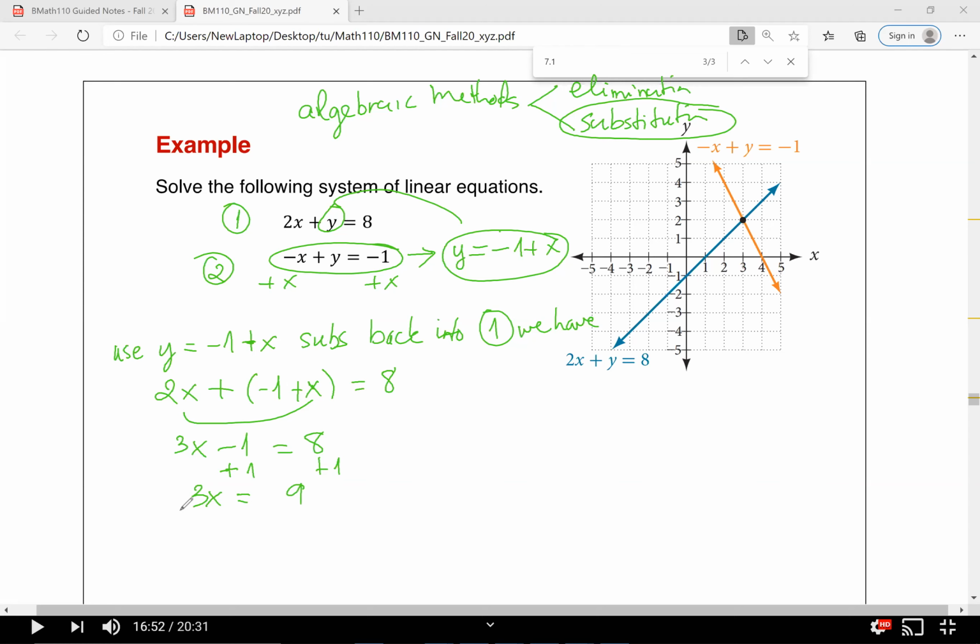Then divide both sides by 3, and you get x equal to 3.